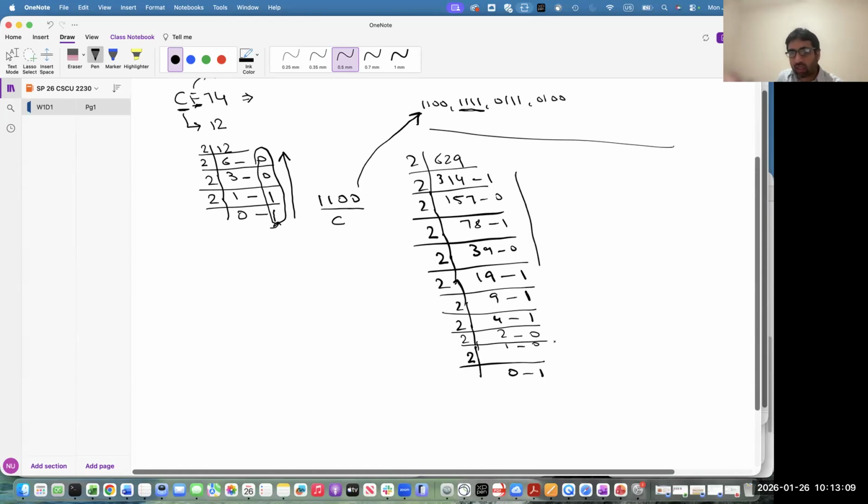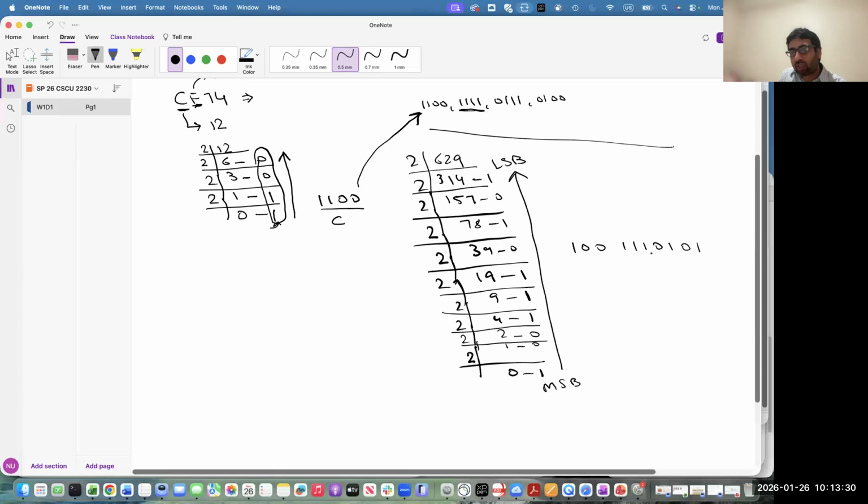Now I simply write it in the upward direction. So this is the most significant bit and this is the least significant bit, right? When I write it down, I get 1 0 0 1 1 1 0 1 0 1, right?